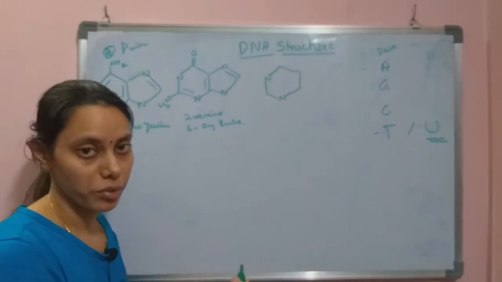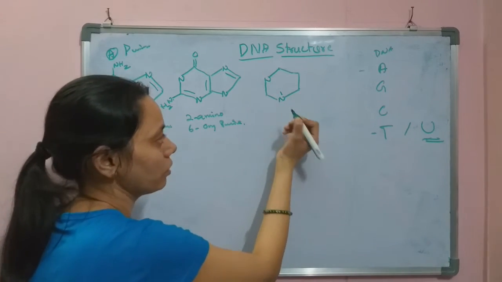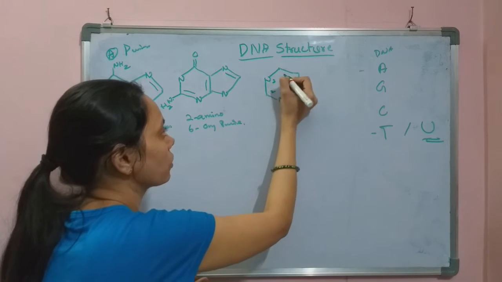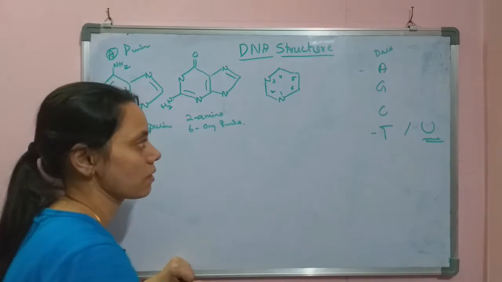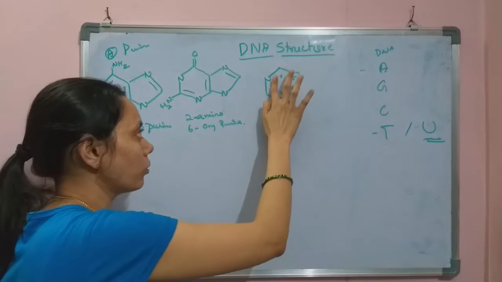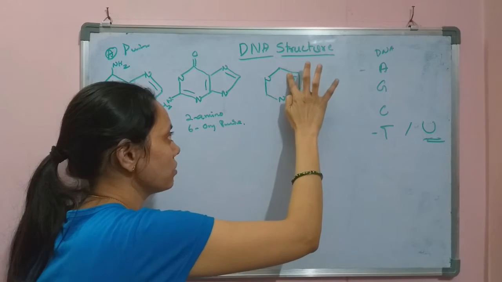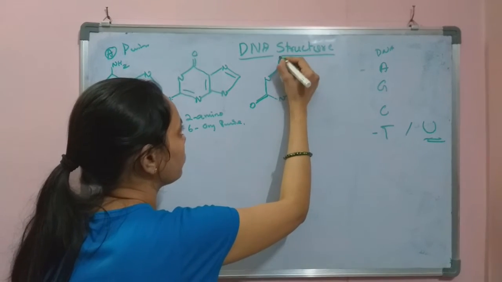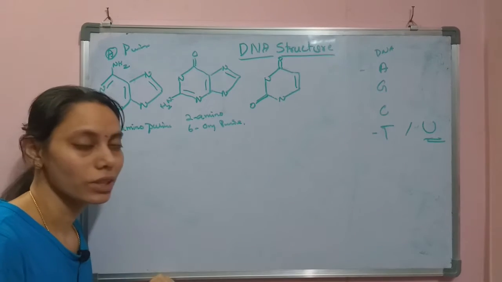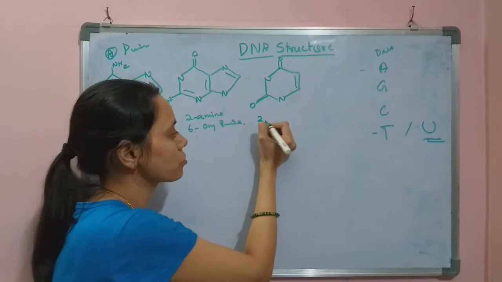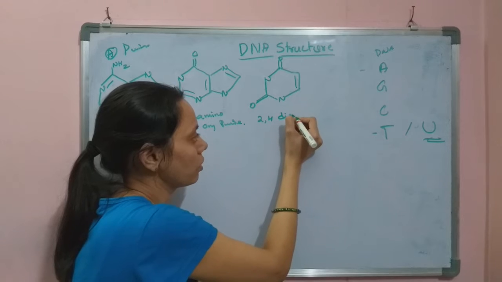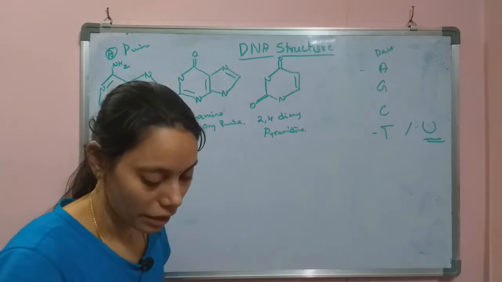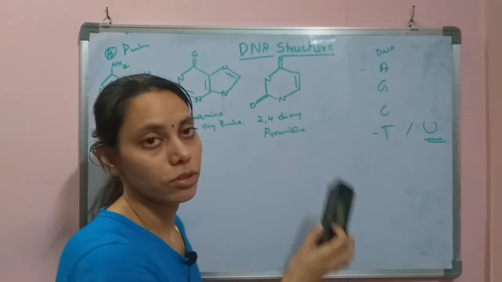For pyrimidine rings, the numbering will start from the downward nitrogen: 1, 2, 3, 4, 5 and 6. Likewise the numbering would be given. Here uracil is 2,4 dioxy pyrimidine. So that is what uracil is. And what is the difference between thymine and uracil?